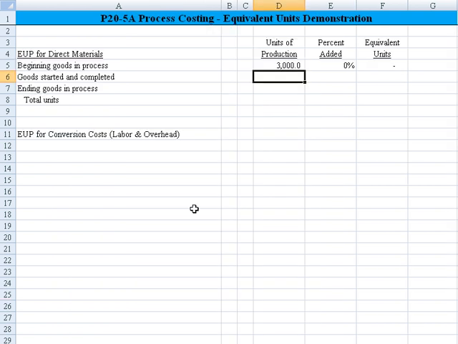So what that means is goods started and completed was the 22,200, but we would back off the 3,000 that were 100% completed at the beginning, right?